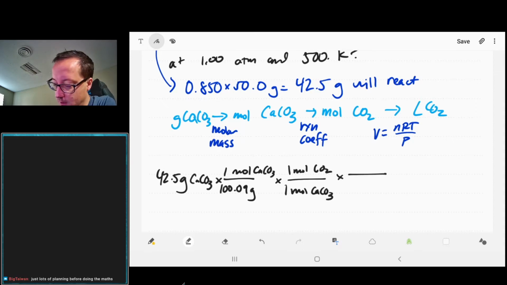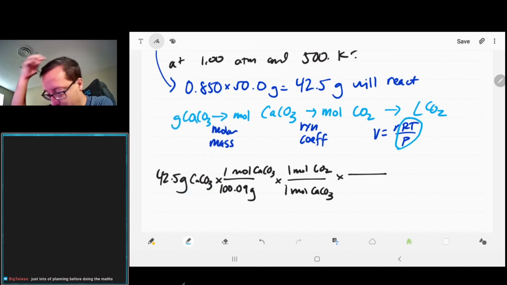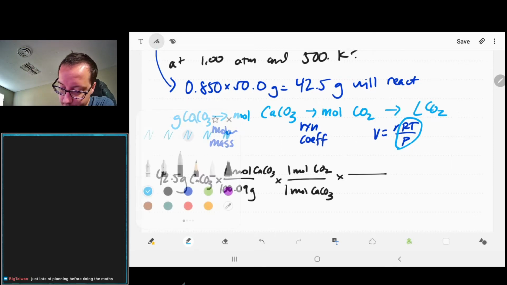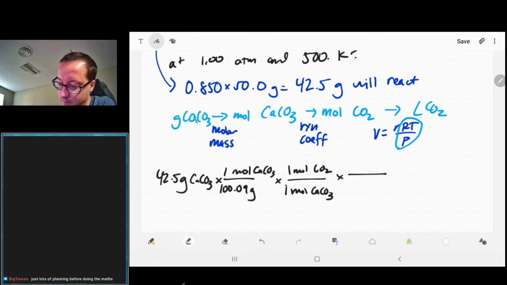So just good practice. Alrighty, and so if we look here, we're going to need to multiply by these 3 for our next conversion. Now that we have moles of CaCO3, we're going to multiply by our R. And then T was what, 500? Yeah.